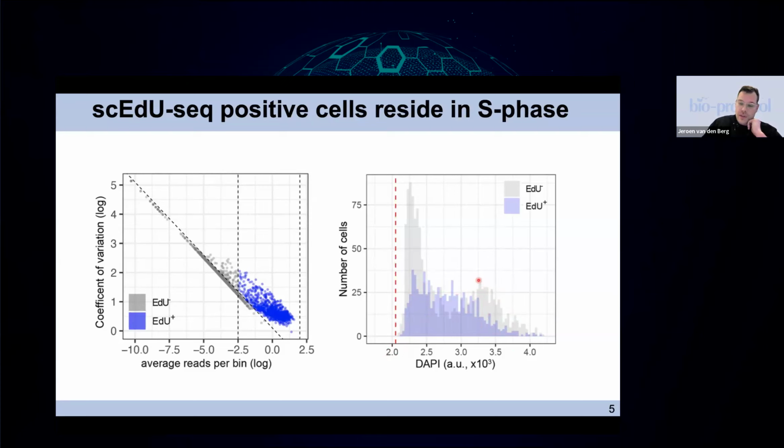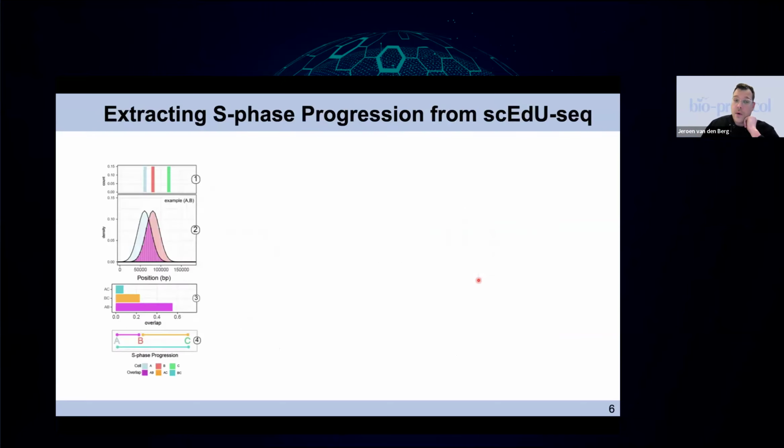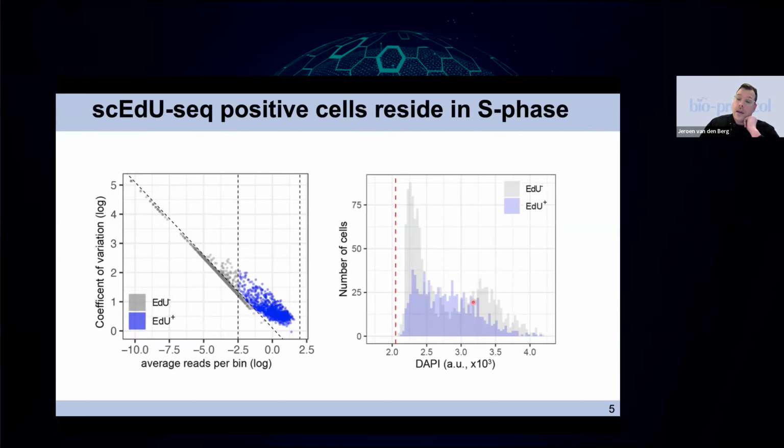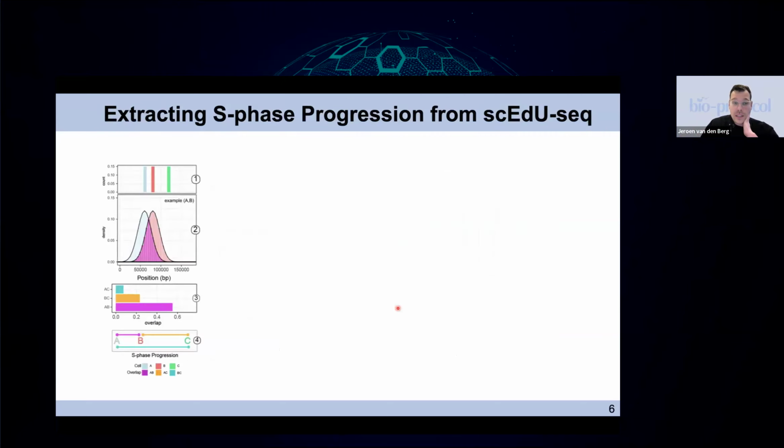So this is all very nice, but now we wanted to order these cells to figure out how DNA replication behaves as a function of time. So in order to do that, we decided to not use this DAPI intensity, but we decided to use the signal we have in our single-cell EDU-seq assay.